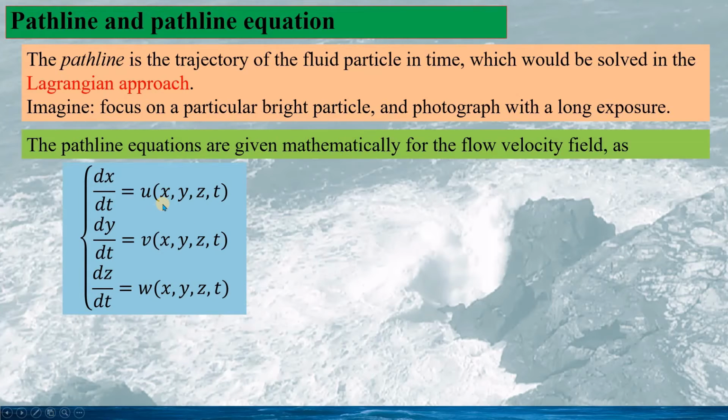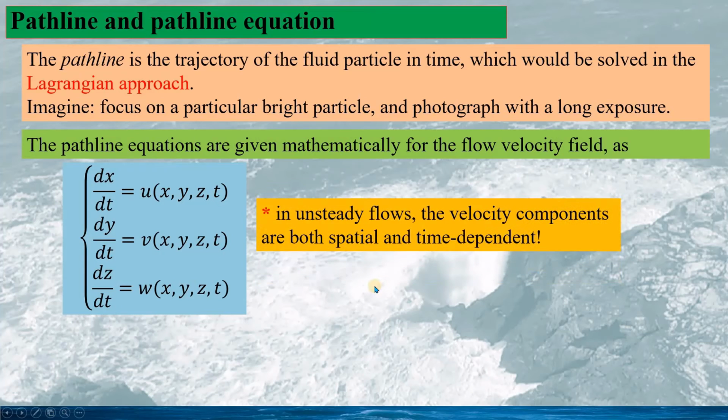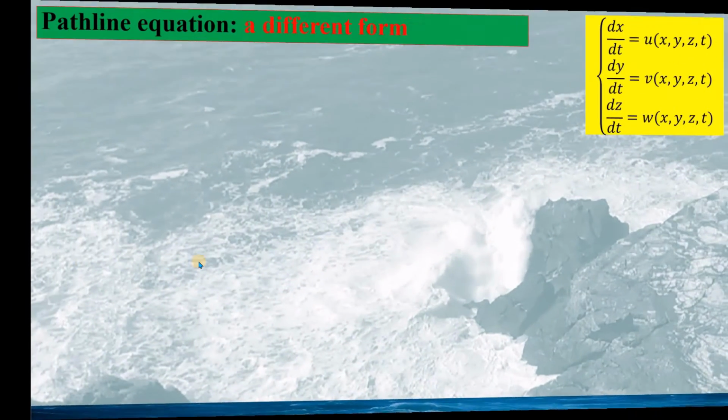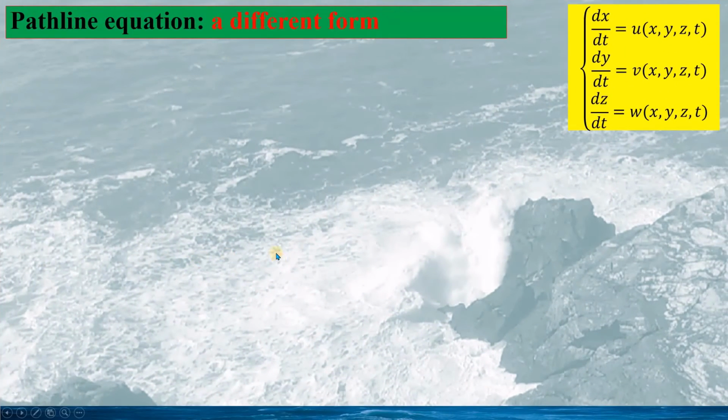We can see here the velocity components are spatially dependent and time dependent, depending on whether the flow is steady or unsteady. In unsteady flows, the velocity components would be both spatially and time dependent. Here, we look at a different form of the pathline equation.